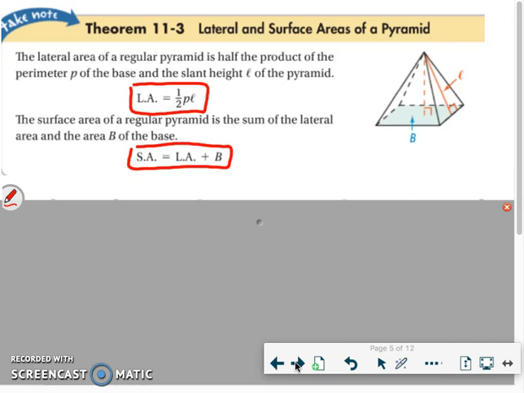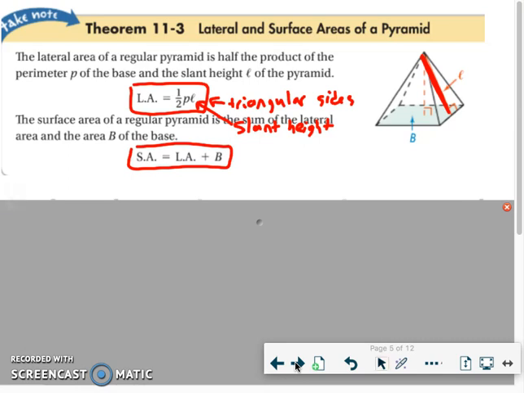This is going to give you the area of the triangular sides. And then the capital B will be whatever the bottom is. The other difference is that cursive l, remember that means slant height. We need to know the slant height in order to know the area of the triangles, because that slant height is going to be the height of the triangle. So we can do 1/2 base times height.